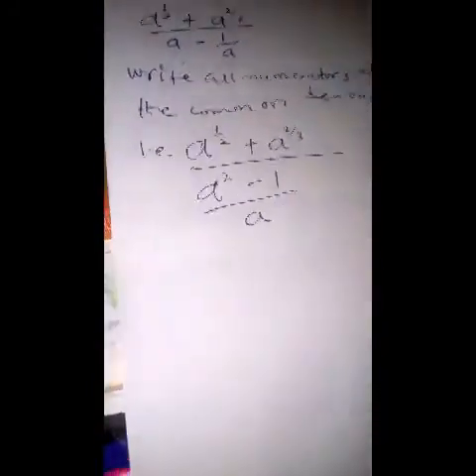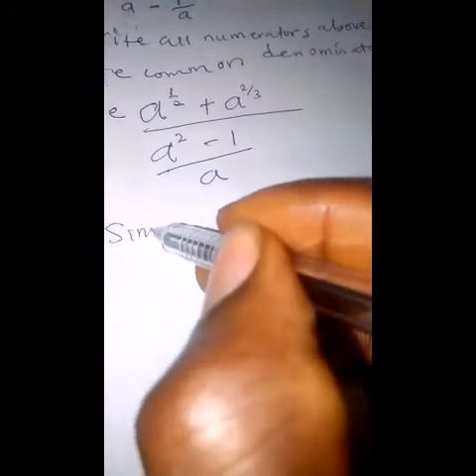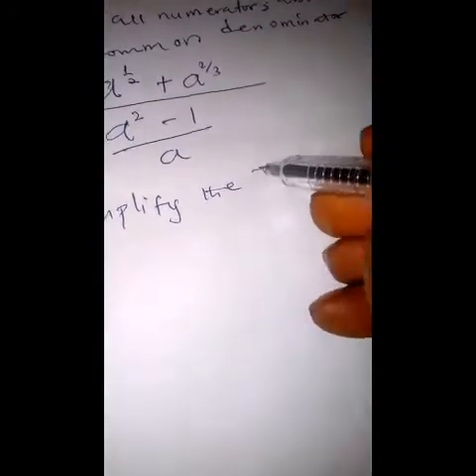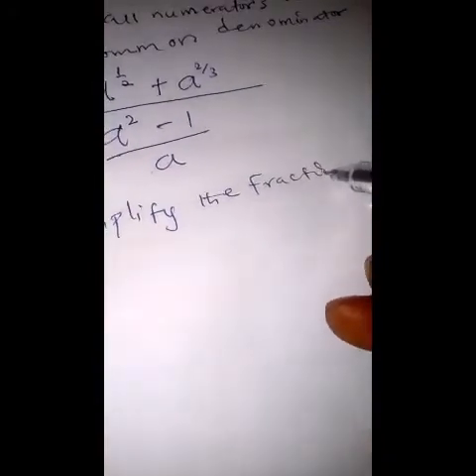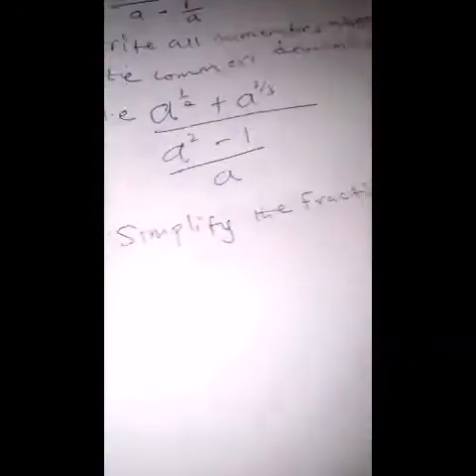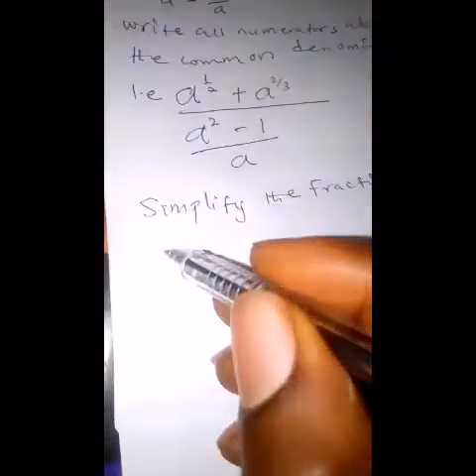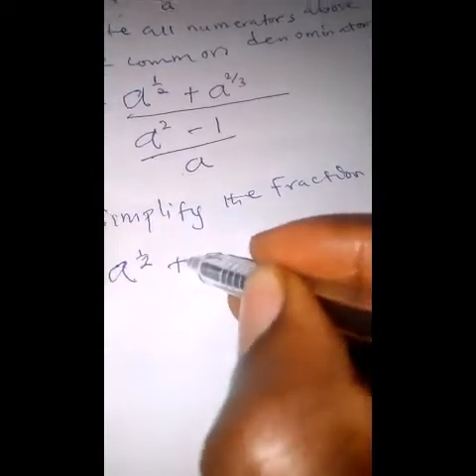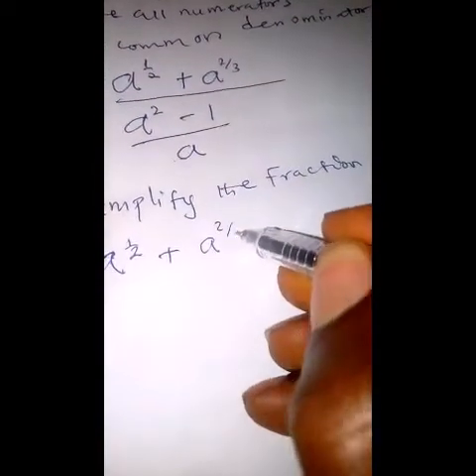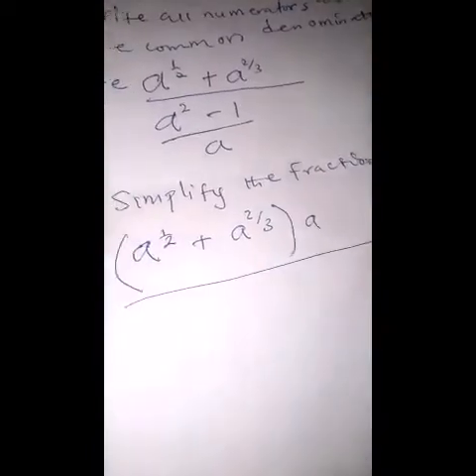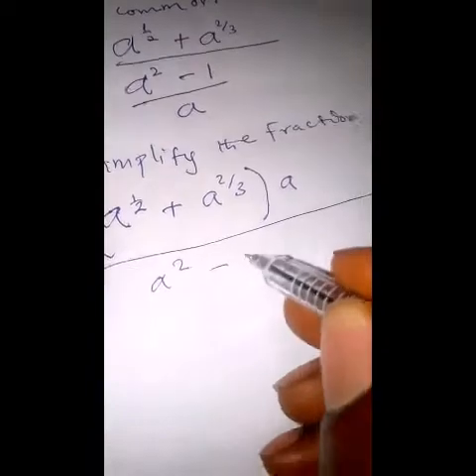Now when we get this, what's the next thing we do? We simplify the fraction. Simplifying this fraction will give us a raised to power 1 over 2 plus a raised to power 2 over 3, all into a over a square minus 1.